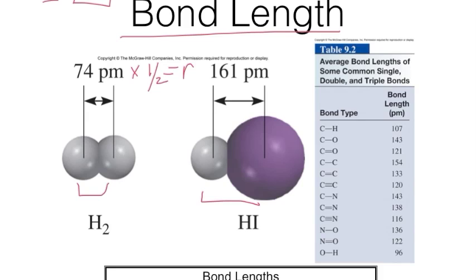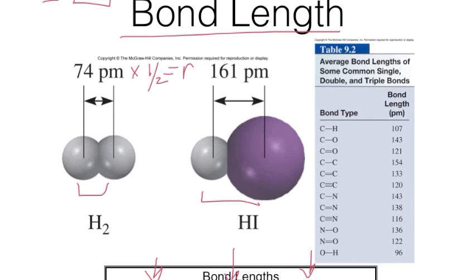There are exceptions. But in general, we can say this, that a triple bond is going to be shorter than a double bond, which is going to be shorter than a single bond, and that a triple bond is going to be stronger than a double bond and is going to be stronger than a single bond. Okay?